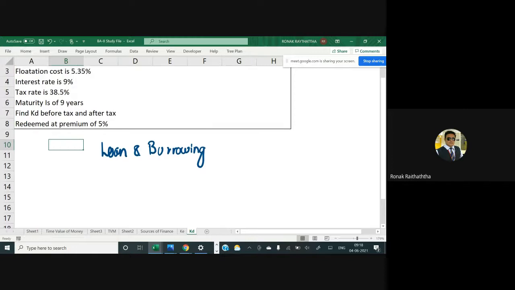Another way of taking a loan is from the general public at large, that is the debentures. Now debentures or bonds might have their own market value if they are publicly traded. It's not necessary that only equity shares can be traded. Even the bonds of a company might get traded if they are publicly issued.